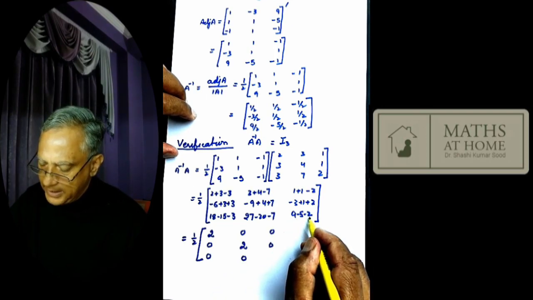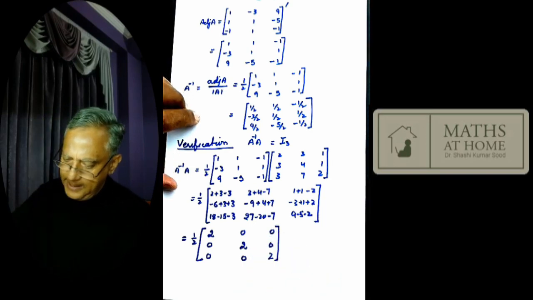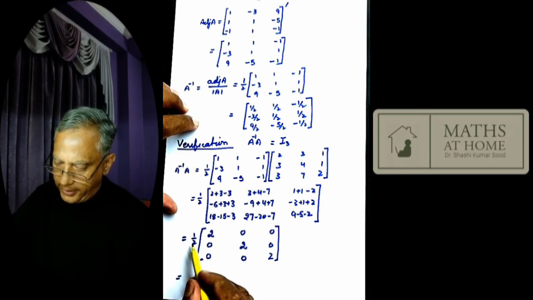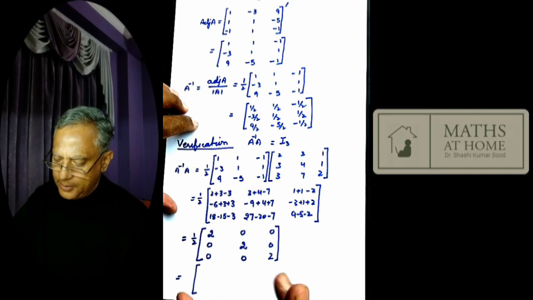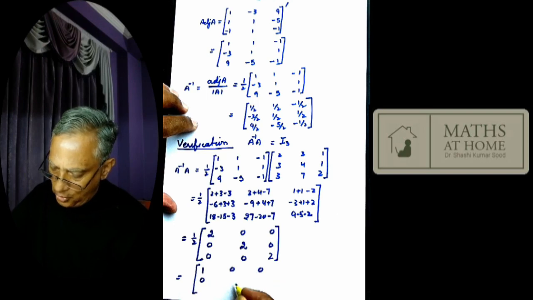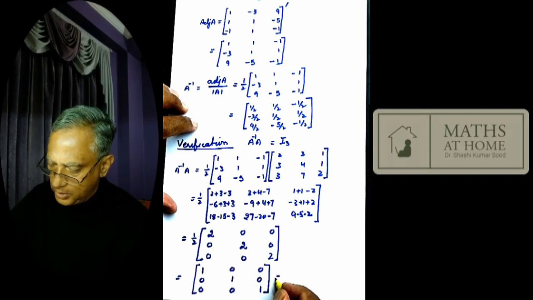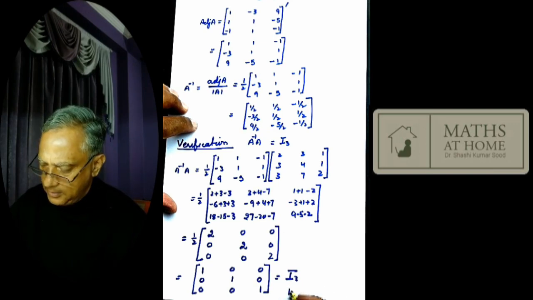This is 9 minus 7, that is 2. So what we get is, now divide each and every entry by 2. This is the rule for scalar multiplication in matrices. So this will be 1, 0, 0; 0, 1, 0; 0, 0, 1. That is equal to I3, hence verified.